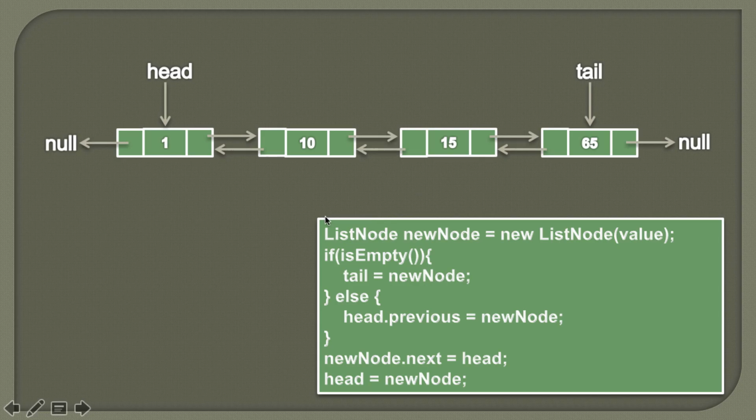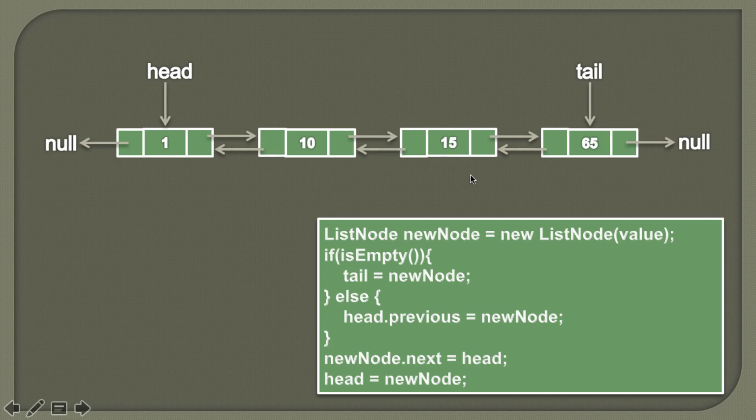And if we want to insert a node at the beginning of a doubly linked list, we usually manipulate the head pointer, and in that case the tail pointer doesn't play much of a role. The only case where the tail pointer comes into the picture is when the list is empty.